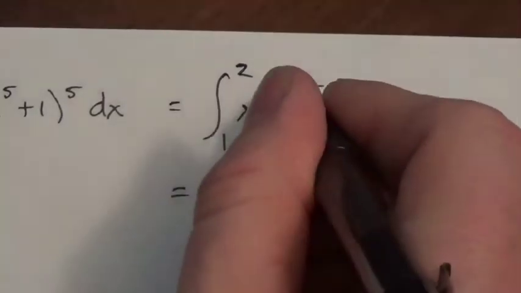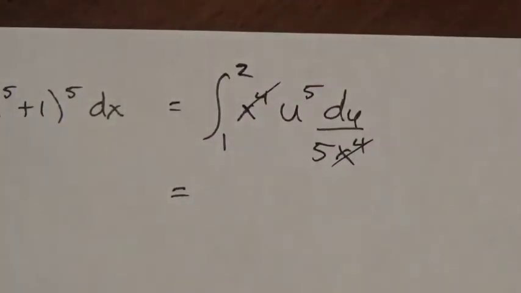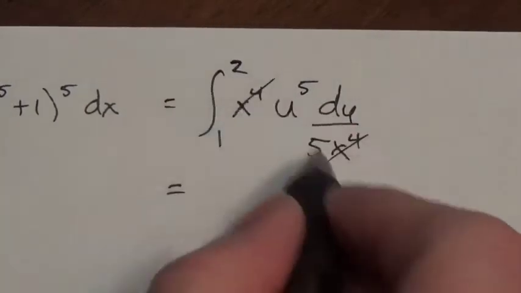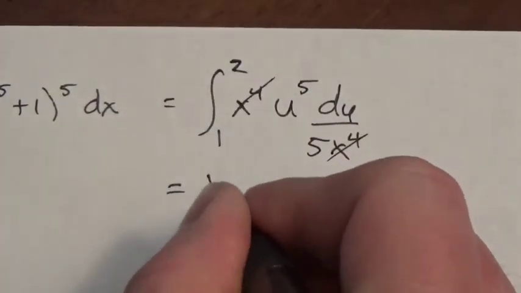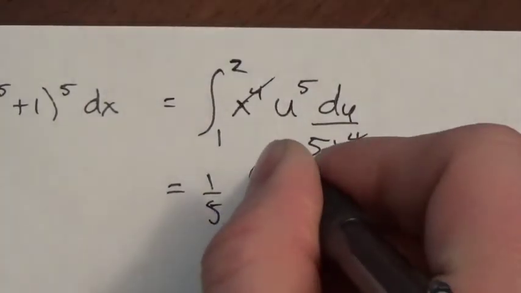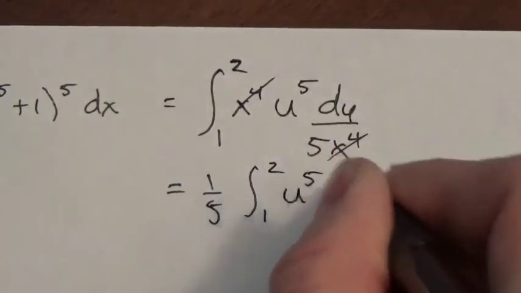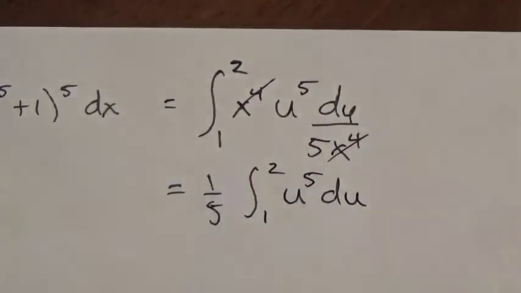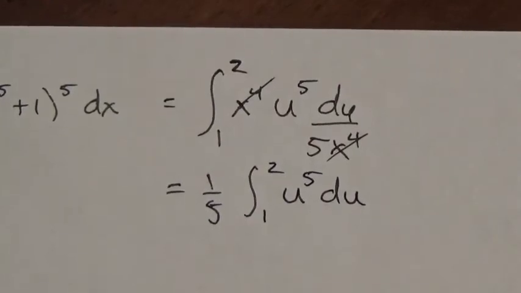So now my x to the 4th over x to the 4th becomes 1. I've got this 1/5 there, and I'm going to pull that out. And so now I'm going to take the integral from 1 to 2 of u to the 5th du. And I'm super happy with that, because I don't have to go back now to x. I can complete this function with u.